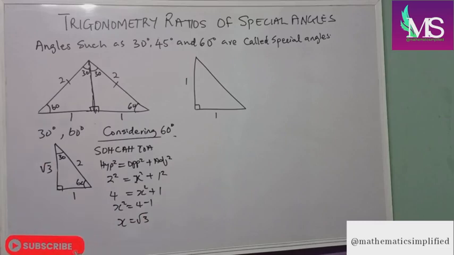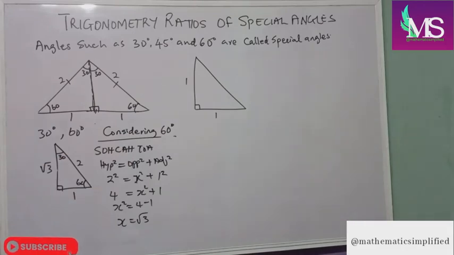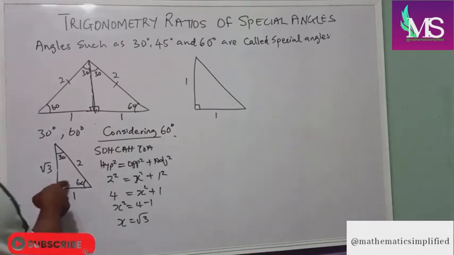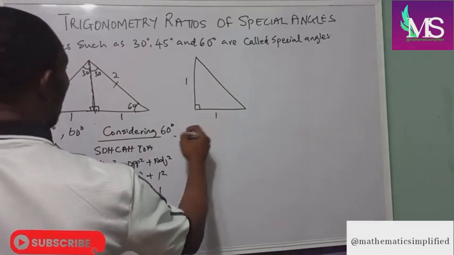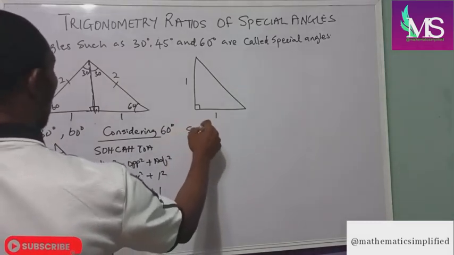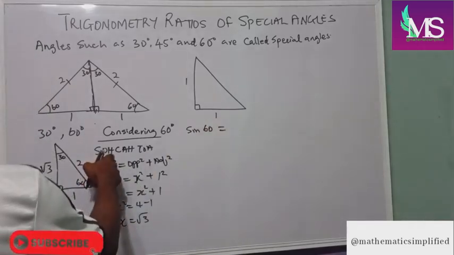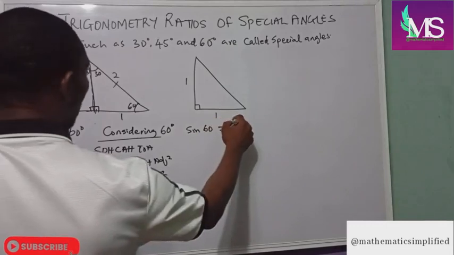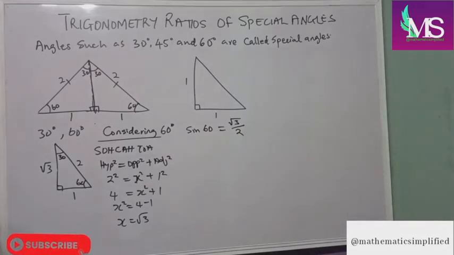Alright, now having calculated our opposite to be root 3, we can now say, considering this 60 degrees, sine 60 will become opposite over hypotenuse. Opposite is root 3 over hypotenuse, which is 2.